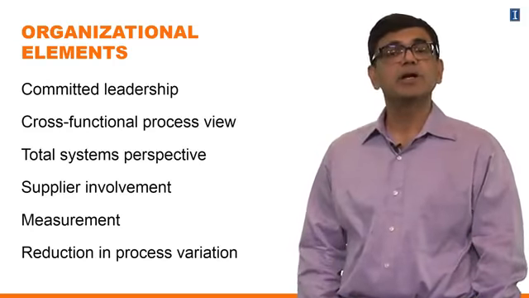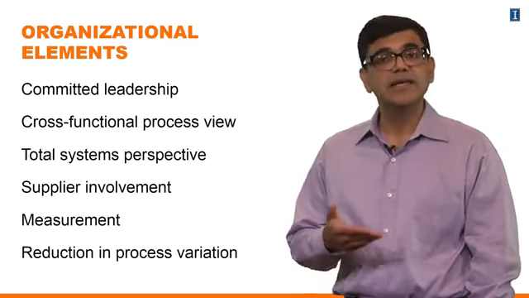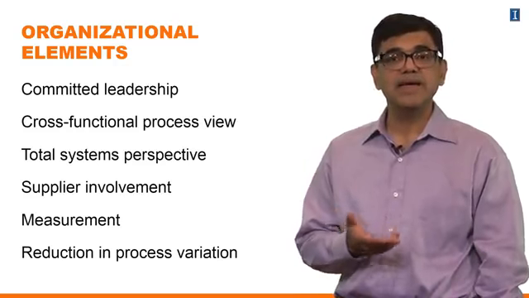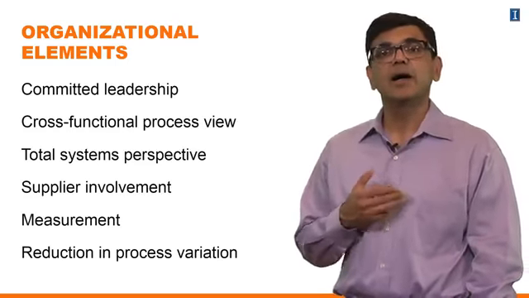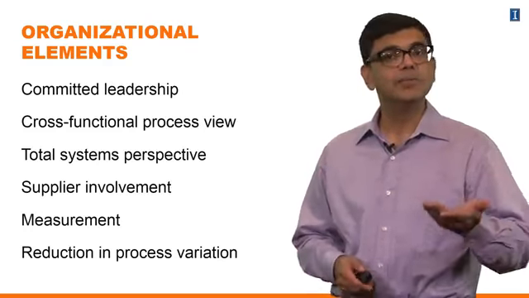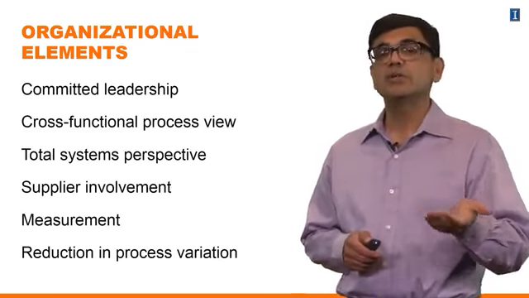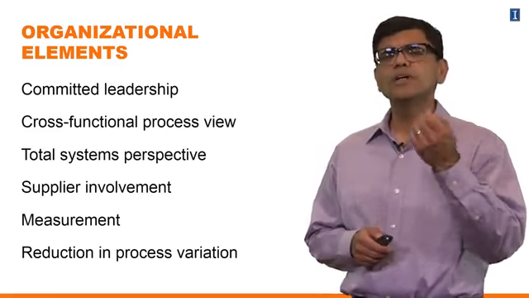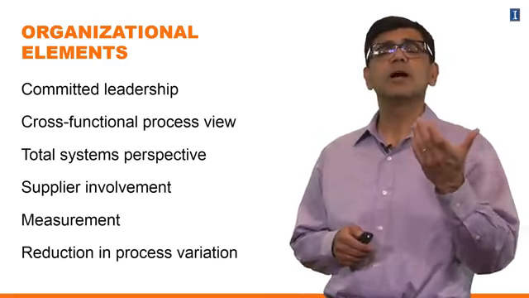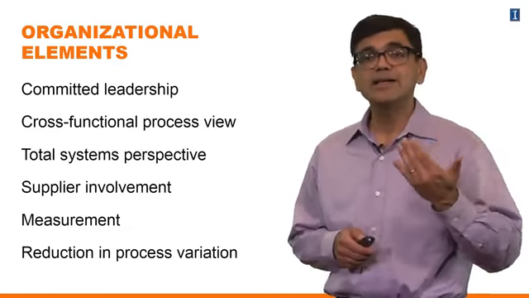Measurement is an important aspect of any process improvement initiative. Without getting the metrics, without knowing a baseline that you can depend on, you cannot think about making an improvement. Where do you start from if you don't have a good baseline? Reduction in process variation seems to be a common theme. Although Six Sigma is the one program that specifically focuses on reduction in variation, it's not a new idea.